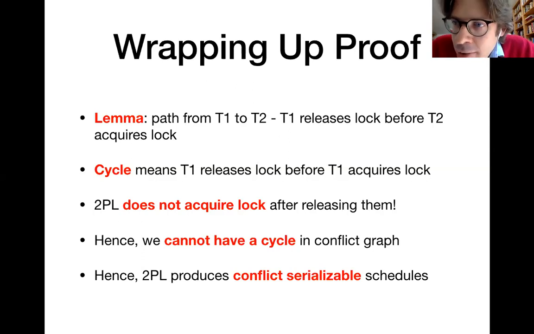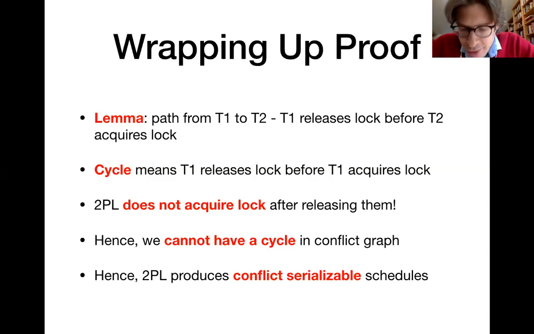Had I not used the constraints of two-phase locking, then there could very well be a cycle in the conflict graph that I'm generating, and that means that I don't get a conflict-serializable schedule. But since I made those restrictions of two-phase locking, I can be sure that all the schedules that I'm generating are conflict-serializable.